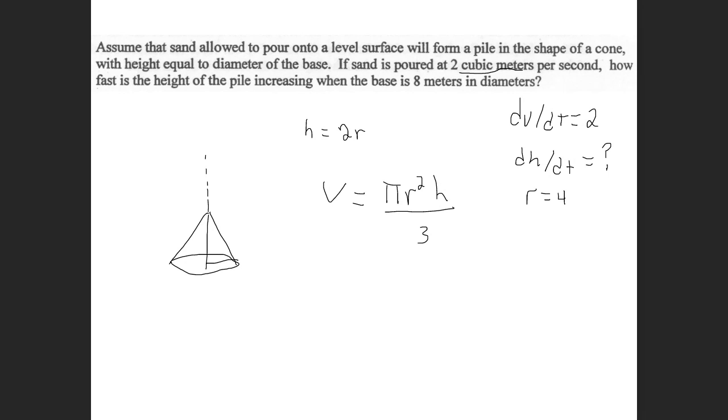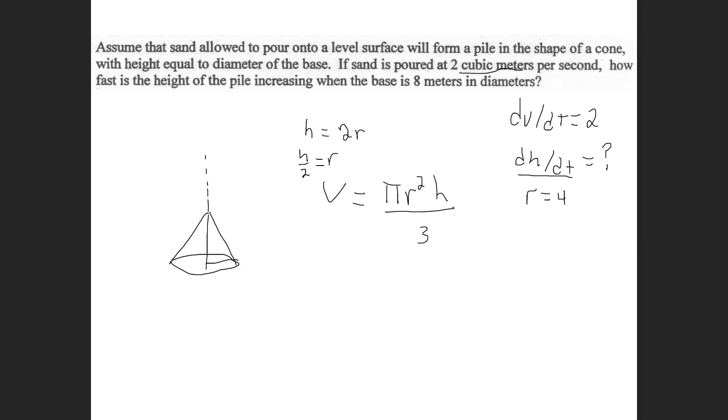Now, this is where it gets a little tricky, because if the radius is 4, I should know what the height is, right? Well, I suppose I could do this a little differently, but since I'm looking for dH/dt, I am going to rewrite this equation with just H's. I don't want any R's in there. I know H is equal to 2R, so H over 2 is equal to R. Do you agree with that?